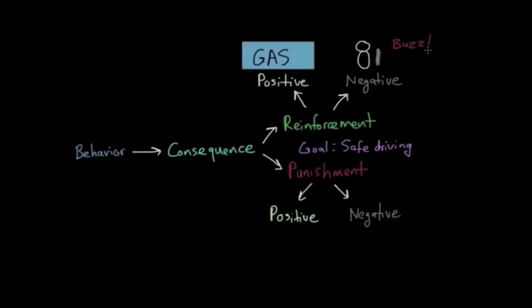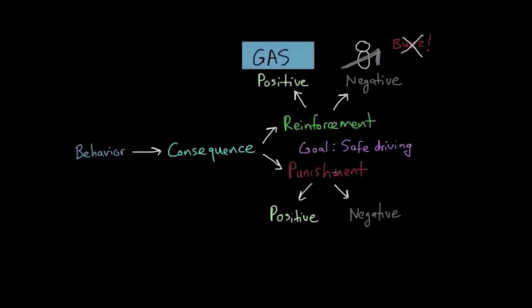It's very annoying. That buzzer just keeps going until you perform the behavior of putting on your seatbelt. Putting on your seatbelt takes away the sound of the buzzer. That taking away of the sound of the buzzer is the negative of negative reinforcement. It's negative reinforcement because you're taking something away, the buzzing sound, in an effort to increase the behavior that safe driving will occur again.